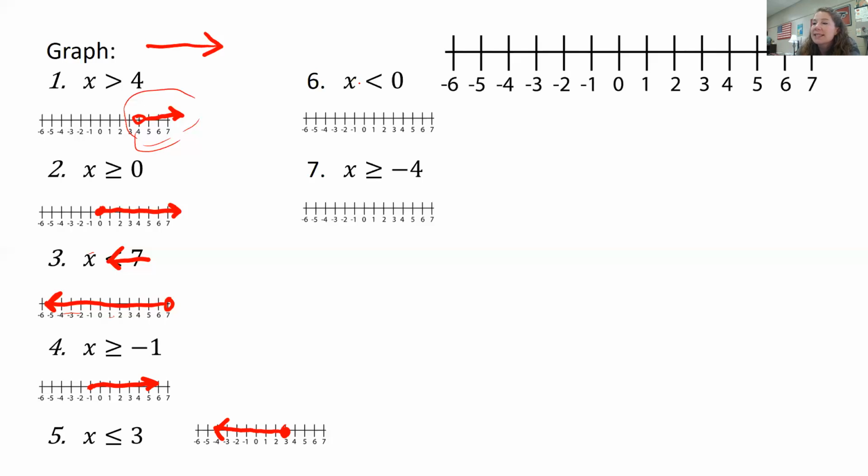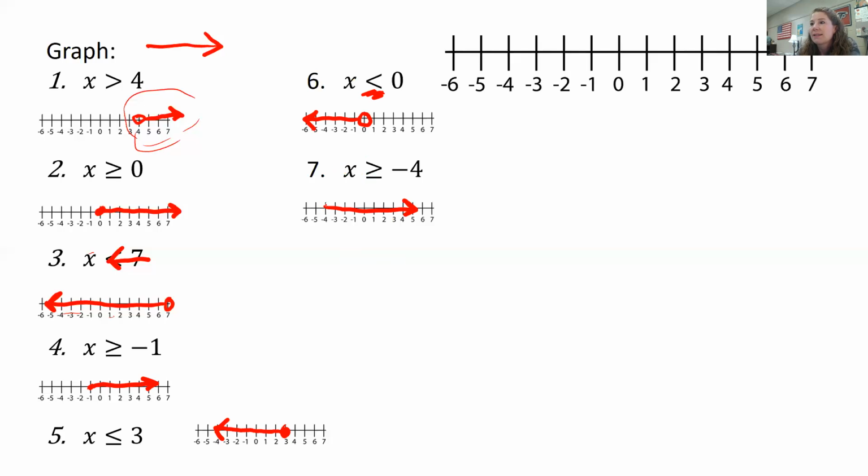Number 6, X is less than 0. That means that X can be any negative number because all negative numbers are less than 0. I didn't fill in that circle though because it doesn't have that or equal to sign under it. That part is missing. Number 7, X is greater than or equal to -4. So I'm going to fill in my circle and my arrow is going to point to the right.